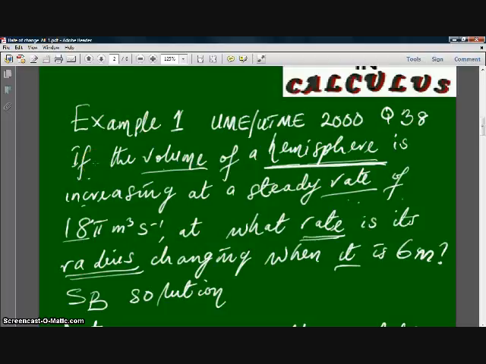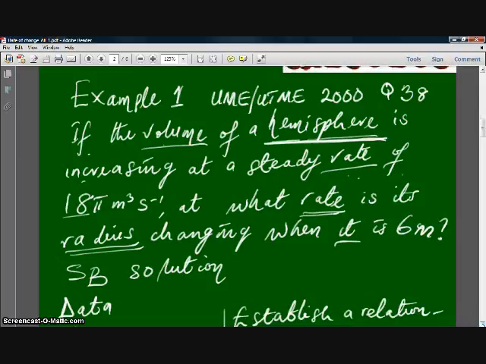The question goes thus: if the volume of a hemisphere is increasing at a steady rate of 18 pi meter cube per second, at what rate is its radius changing when r is 6 meter? I want us to take note of those words I've underlined: volume, hemisphere, rate, then radius.